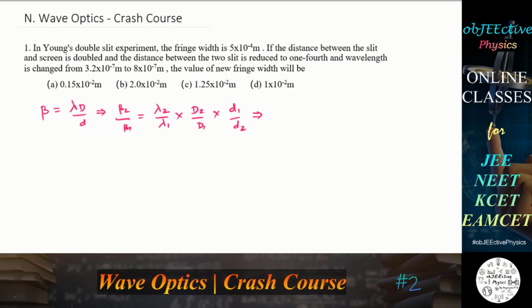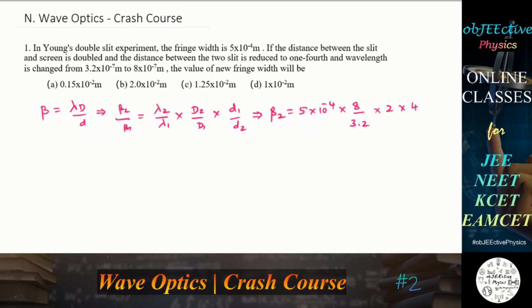Or that implies beta 2 is equal to beta 1 value, which is given, 5 × 10^-4, into lambda 2 value, 8 × 10^-7, over lambda 1, 3.2 × 10^-7. So here 10^-7 cancelled, and into D2 is given double of D1, so that we can write it as 2, and small d2 is given d1 by 4.